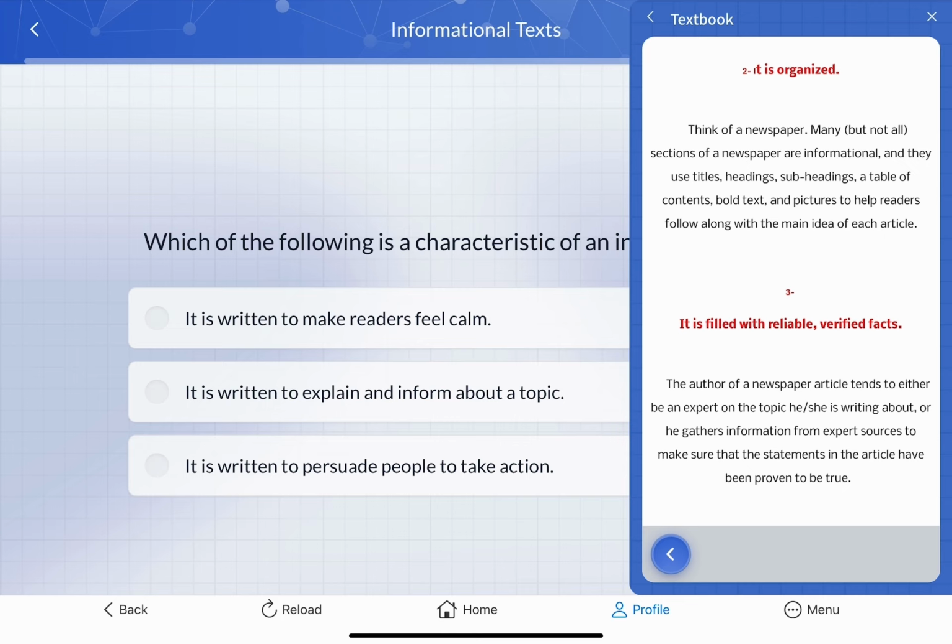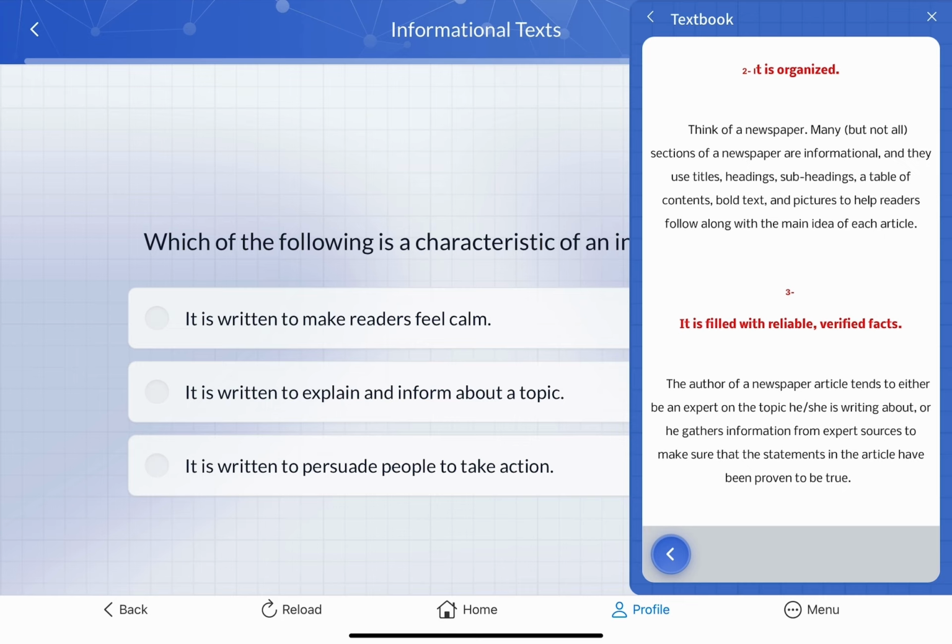And yeah, like I said, it has to be reliable, verified facts. It is not your opinion or something that you made up and wrote in your essay.